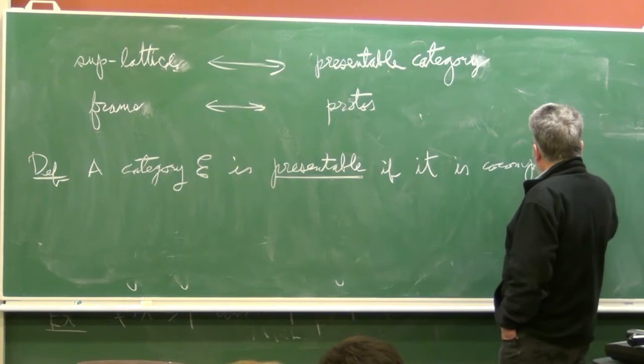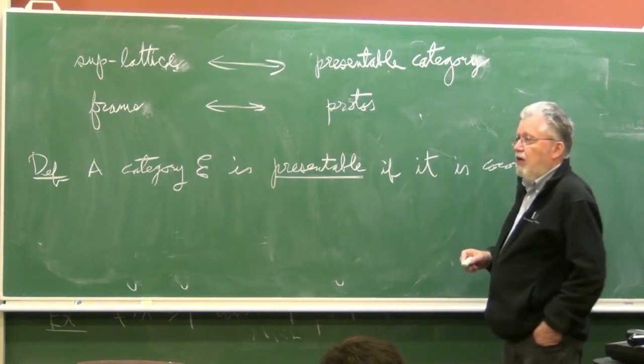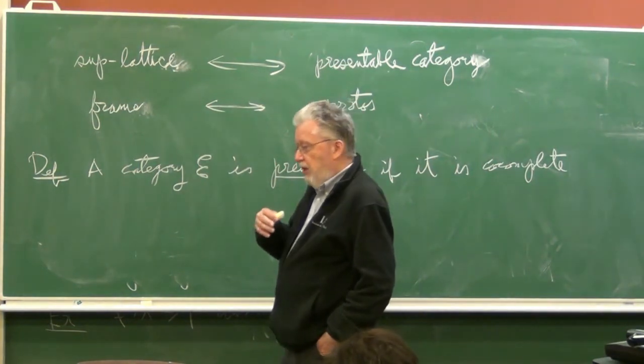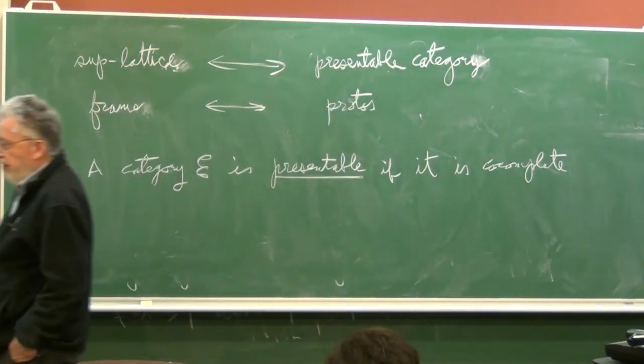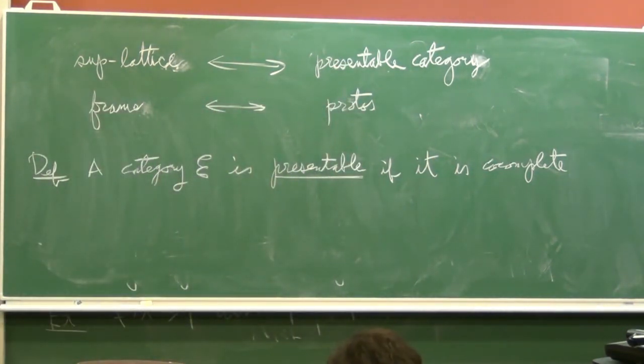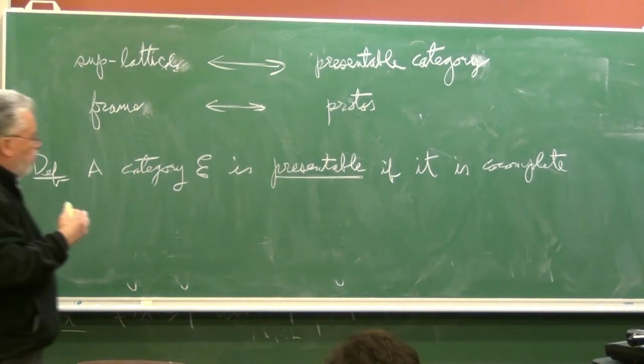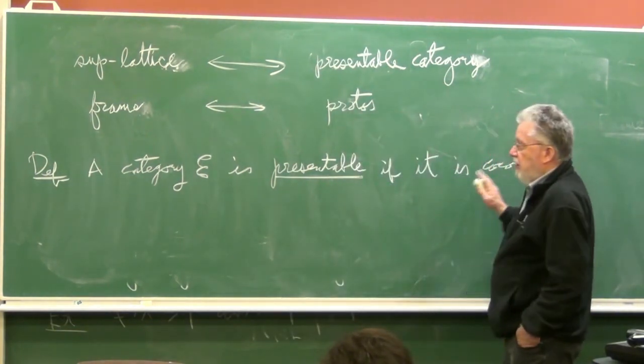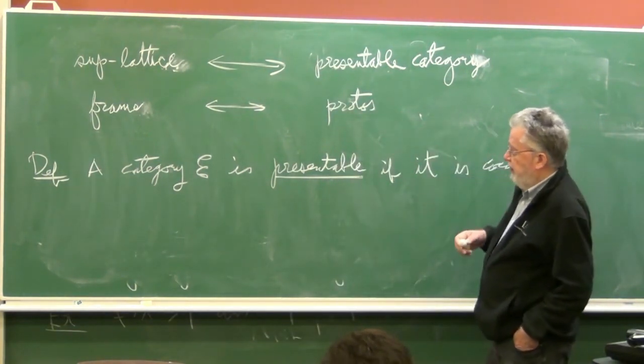Now co-complete means that every diagram in E has a colimit. The idea of a colimit of a diagram is like the idea of a supremum of a family of elements. So I want to treat the colimit operation as the supremum in sup lattices.